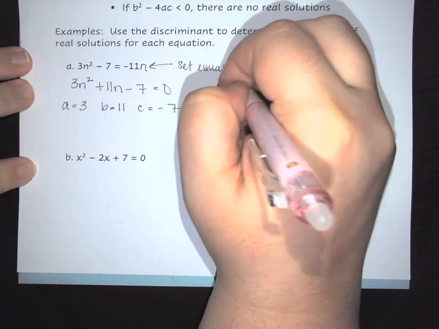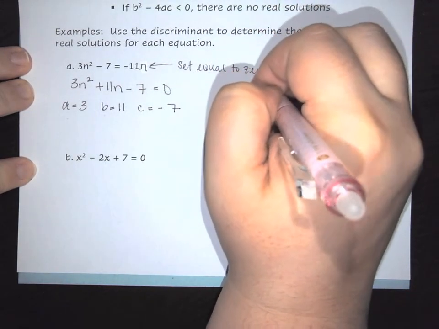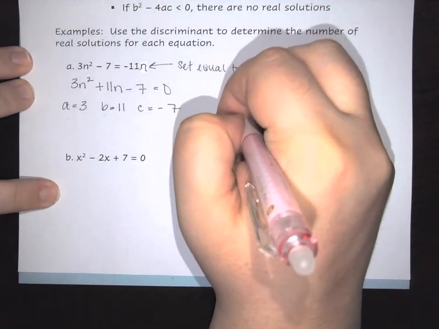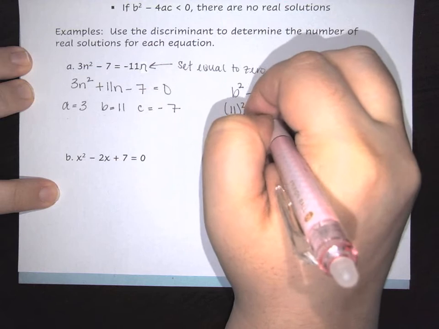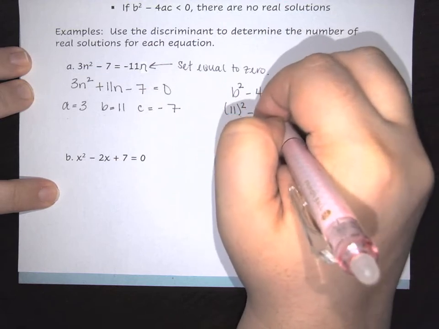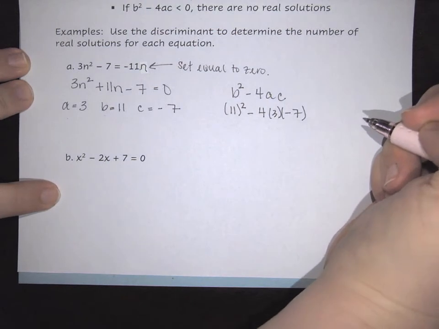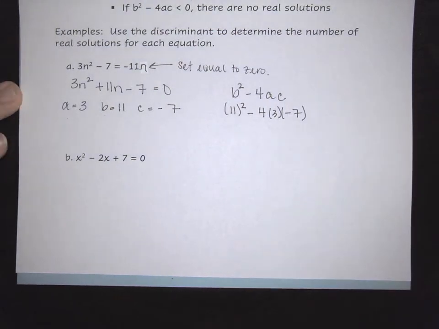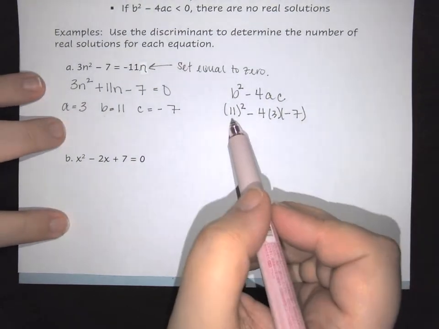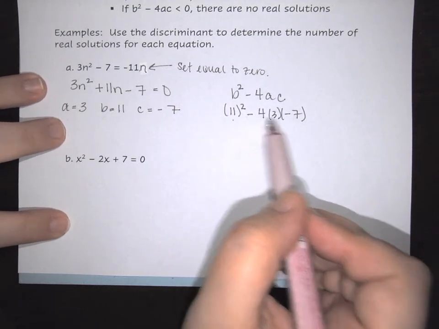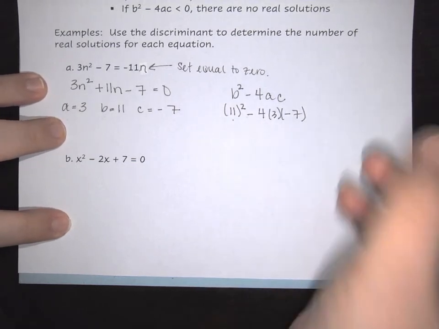So the discriminant is b squared minus 4ac. So this is going to be 11 squared minus 4 times 3 times negative 7. So when we do that, what's going to end up happening is we have 11 squared, and then my negative and negative turns to a positive.